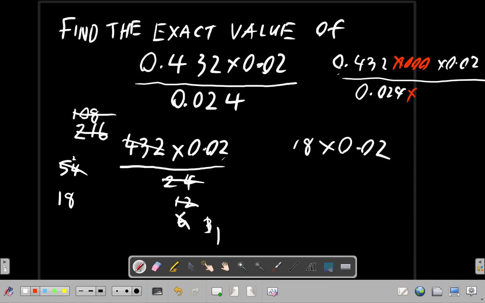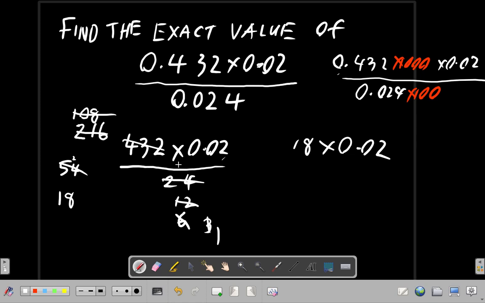So this becomes 432 and this becomes 24. You can see that. And then we divided down and saw, without a calculator, that 432 divided by 24 gives you 18.